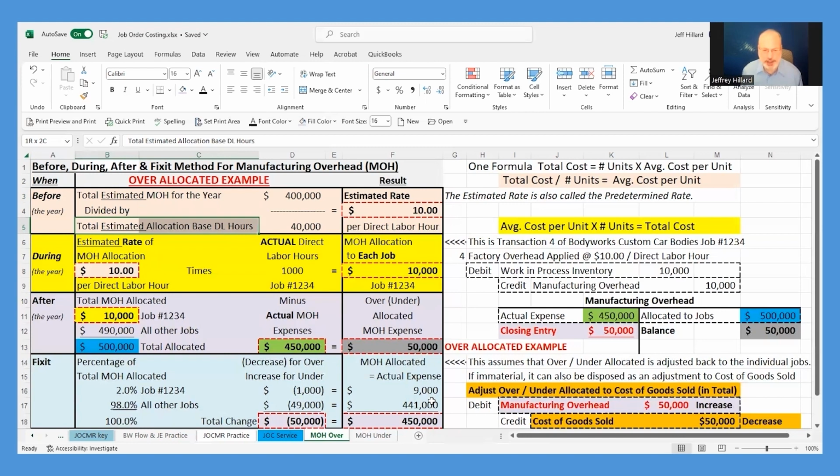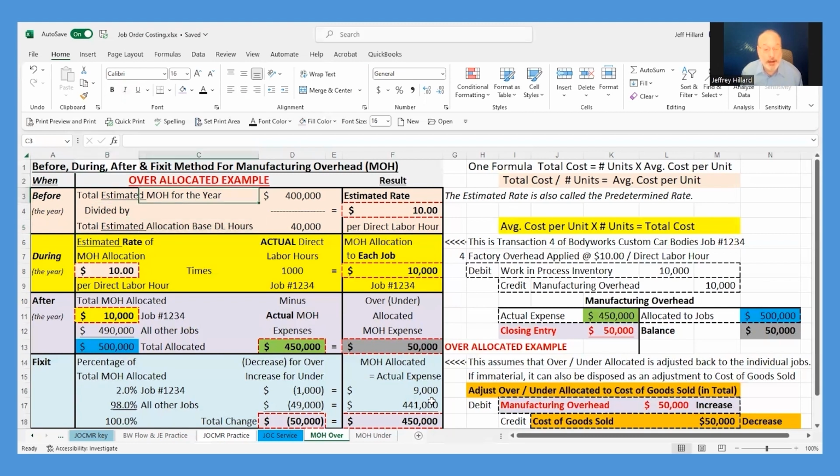Sometimes we use machine hours, which is the number of hours a machine is run in a process. But direct labor hours is often used as the allocation base because we know we're tracking that for sure.